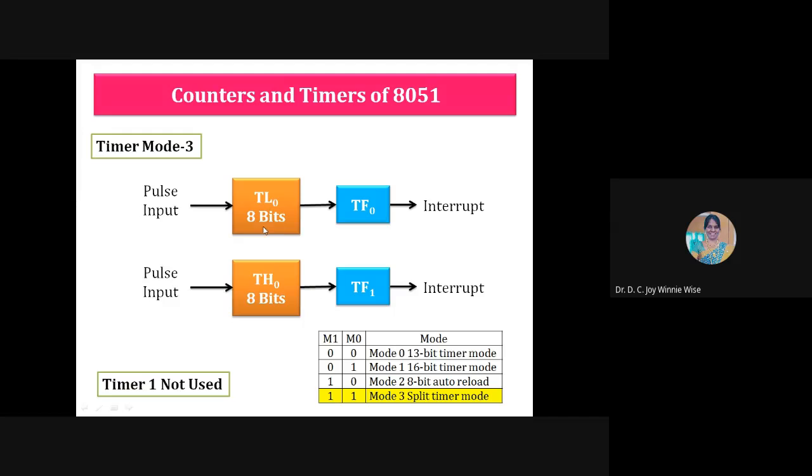The maximum value is FF. When TL0 reaches 0, it will set TF0 and go for the interrupt. When TH0 reaches 0, it will set TF1. So here the timer overflow is 0 and here the timer overflow is 1, and it will call the interrupt. So these are the 4 modes of operation.